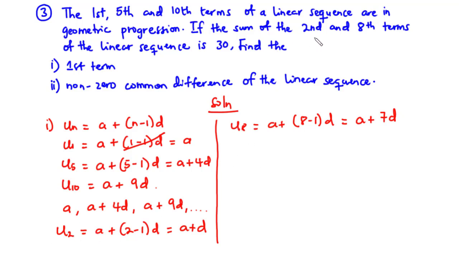We are told that the sum of the two is equal to 30. So we have u2 plus u8 equals 30. u2 is a plus d, and then u8 is a plus 7d.